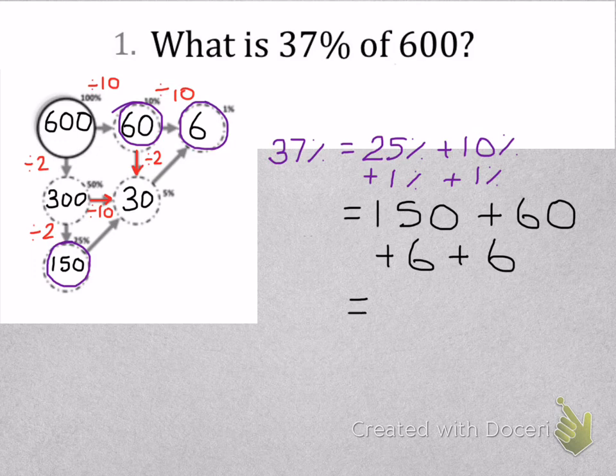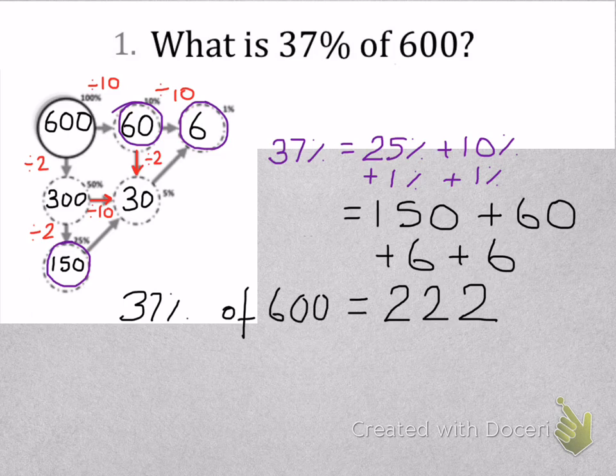So 150 plus 60 is 210, plus 6 is 216, plus another 6 is 222. So 37% of 600 is 222.